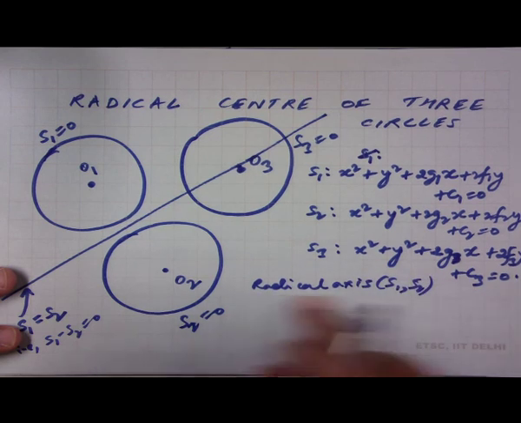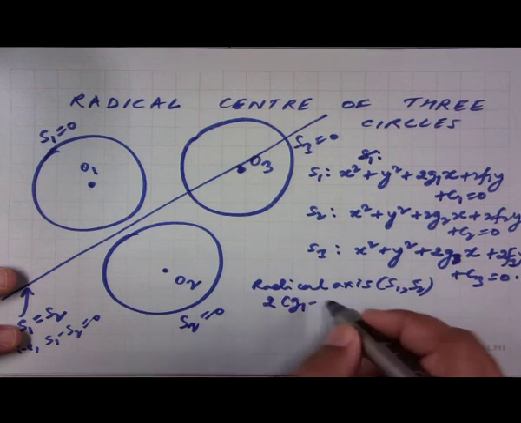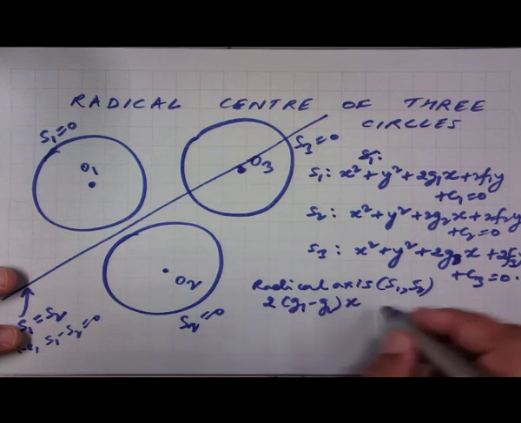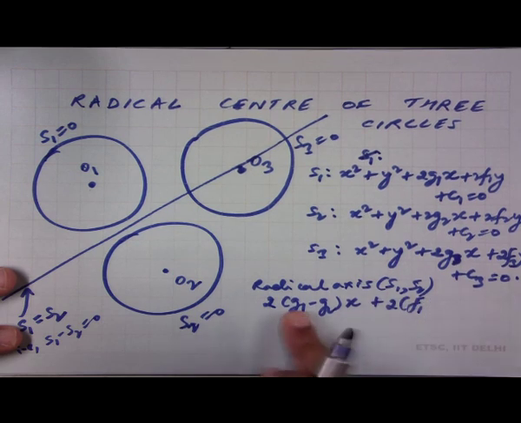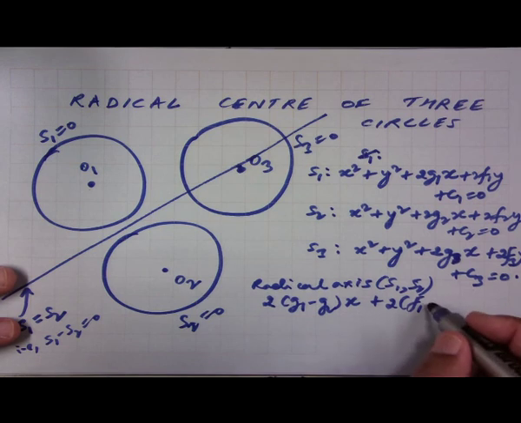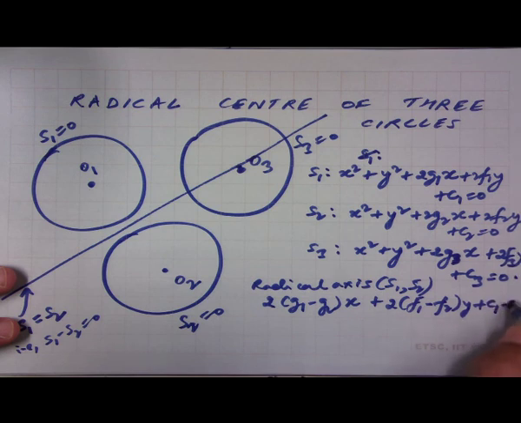So, the radical axis between S1 and S2 will have the equation 2 times (g1 minus g2) x plus 2 times (f1 minus f2) y plus (c1 minus c2) equals 0.